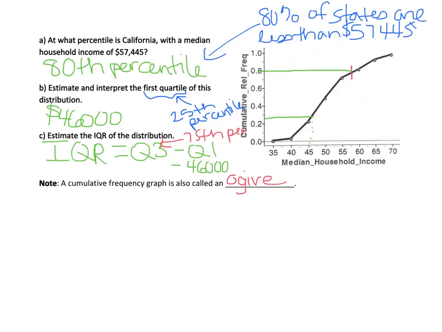And that is approximately right here. To make it easy on myself, I'm just going to estimate it as 56,000. So then you find your IQR by subtracting those two, and you'll find that your IQR is approximately 10,000.